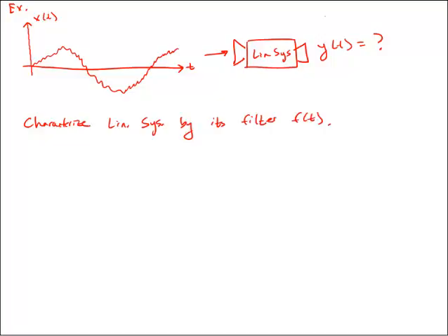So let's say our filter looks something like this. This is t, and this is f of t. Let's say that the filter is 0 for times really, really far in the past, and then for times just a little bit in the past, maybe at -1, it goes up to the value of 1, and then at 0, it drops down to the value of -1, and then it comes back to 0 and stays at 0 for all of eternity.